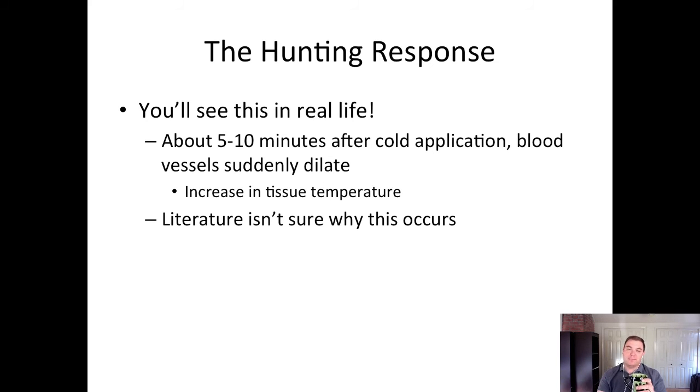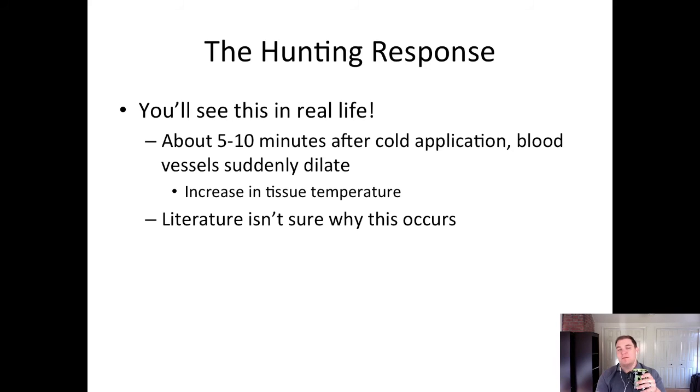The hunting response is awesome. You will see this. If any of you have a temperature gun, maybe for cooking and stuff, the ones we bought off of Amazon are like $14 and they actually work pretty well. You'll see this in real life.